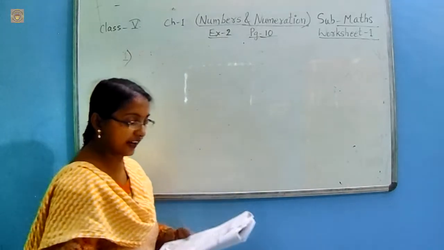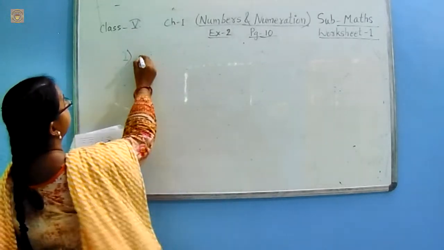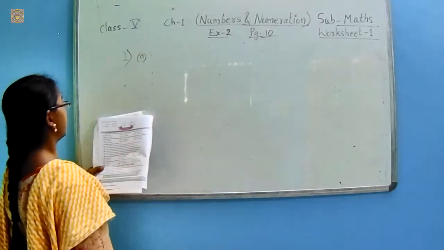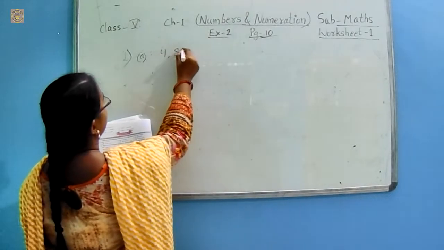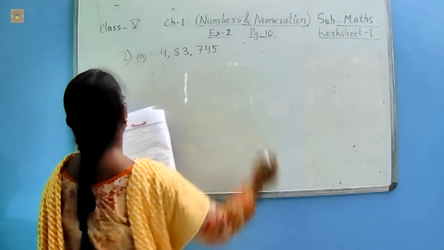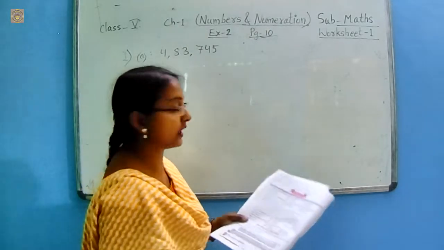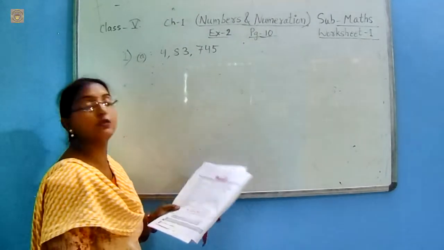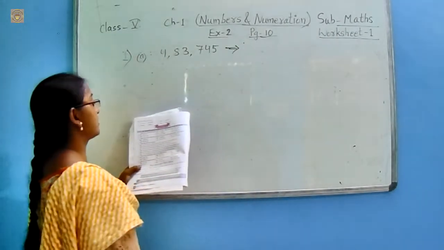So you can write this number in the Indian place value system as follows. The number given here is 1, 8, 4, 8, 3, 7, 4, 5. You have to write these numbers in words following the Indian place value system.